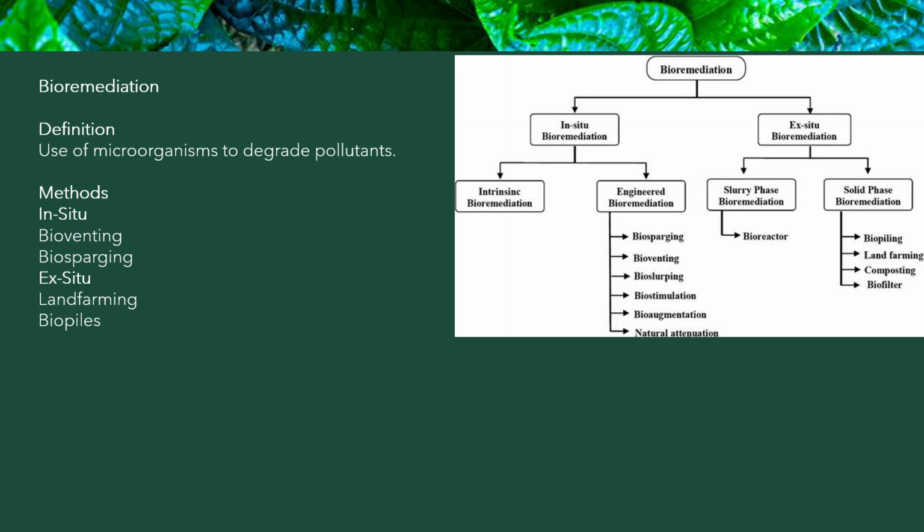Next is bioremediation. This is a very important topic where we use microorganisms to degrade our pollutants. In situ, we have bioventing and biosparging, and ex situ, we have land farming and biopiles. As you may see, in situ, ex situ, then we have intrinsic, engineered, slurry phase, and solid phase.